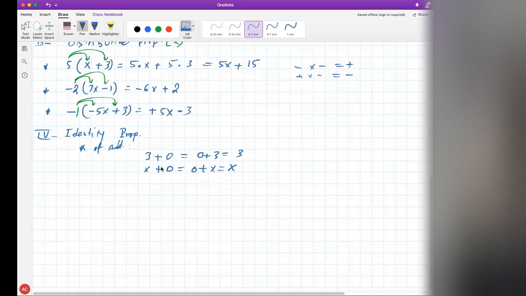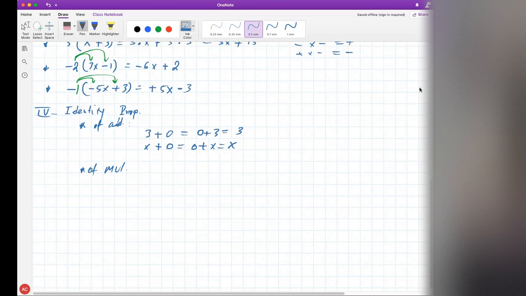So that's the one for addition. We have one for multiplication. So we say that 0 is the identity of addition.